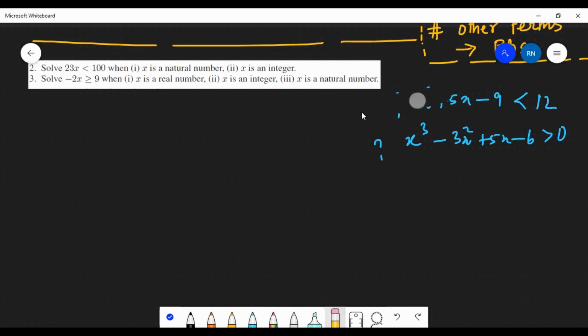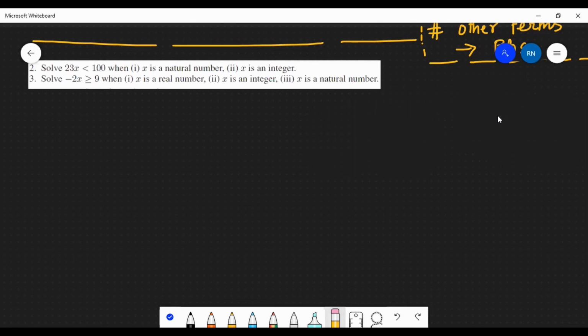So right now, it is not that linear alone will be there for your higher secondary curriculum. Please understand, even a cubic polynomial inequality we should be able to solve.